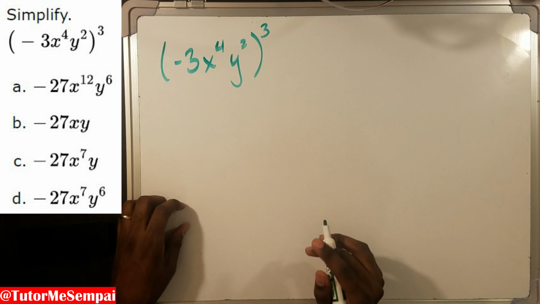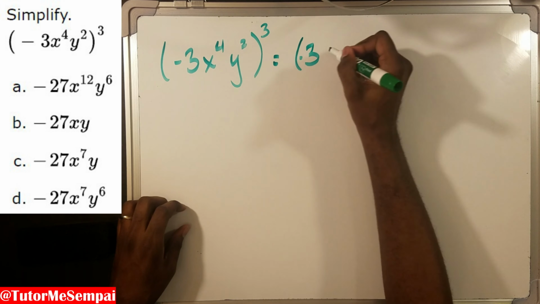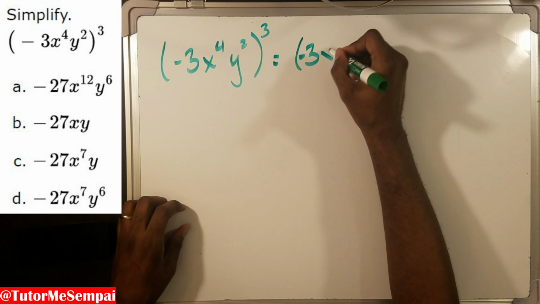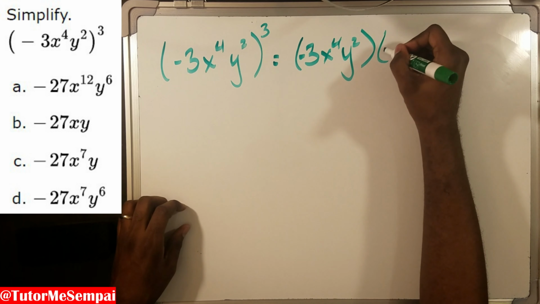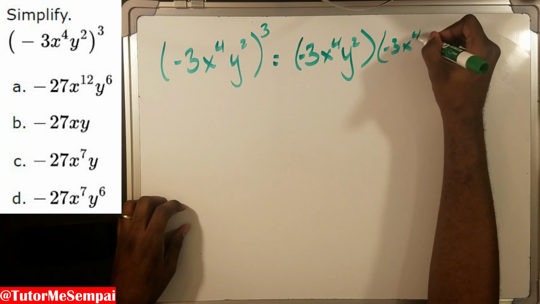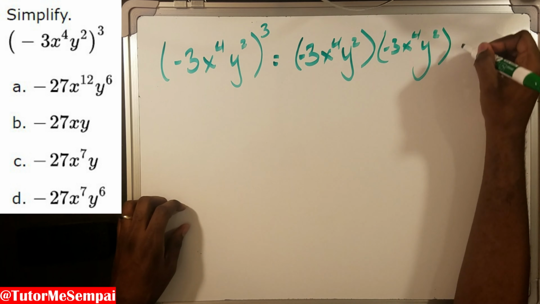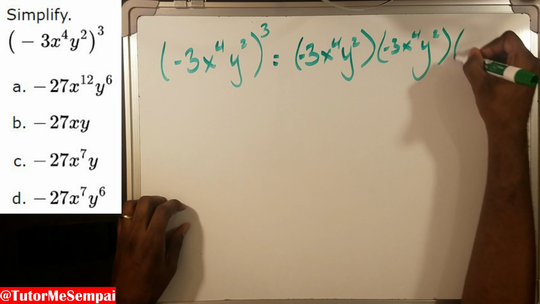So look at this, and we're going to rewrite this as -3x to the 4th y squared times -3x to the 4th y squared times -3x to the 4th y squared.